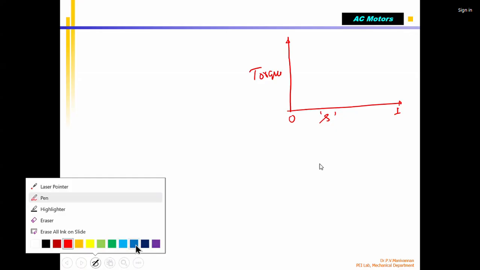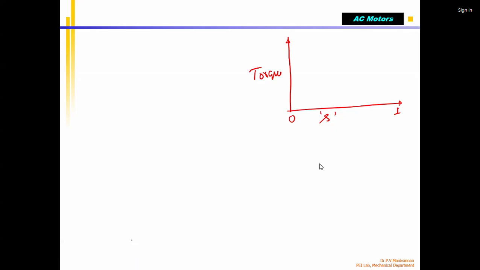Before going further, I want to talk about the torque versus speed curve of the induction motor. Torque is on the y-axis, and the x-axis is the slip. Slip varies from 0 to 1.